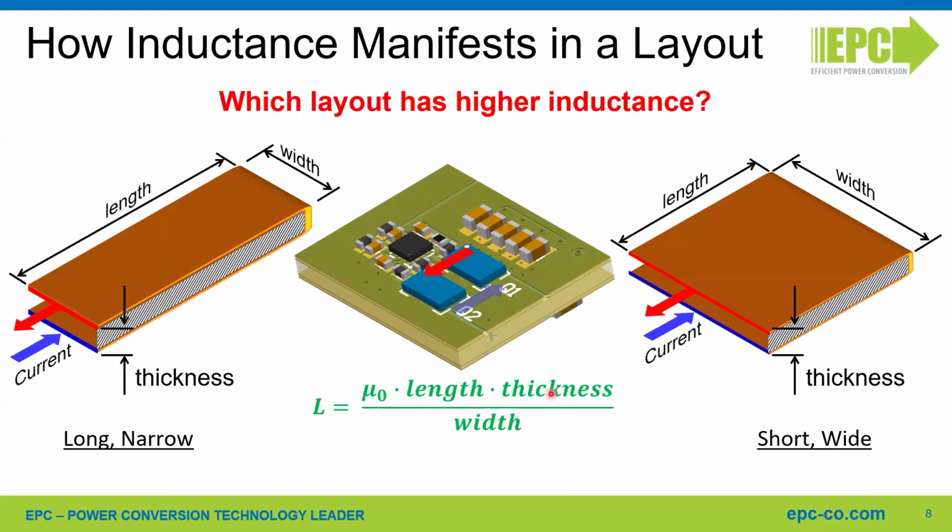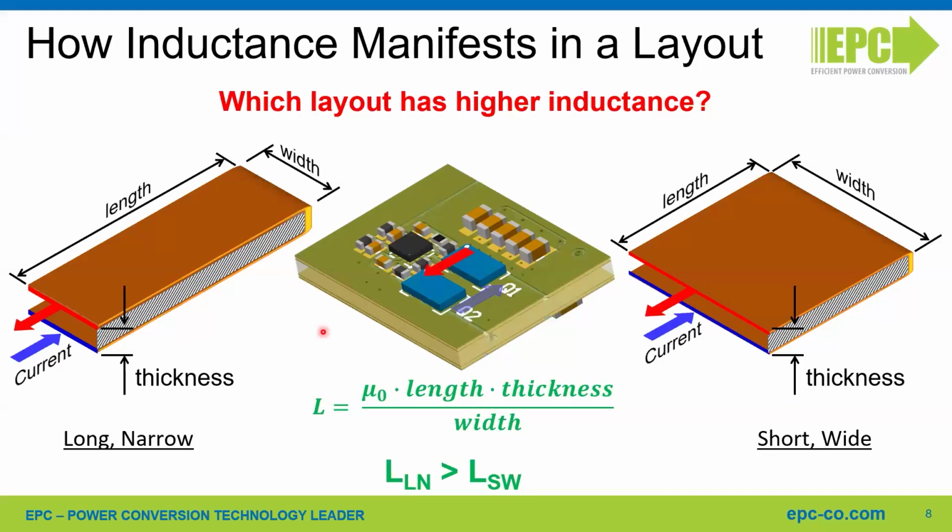So a wider and shorter path with very small thickness between the going current and the return current has a lower inductance than a long and narrow path.